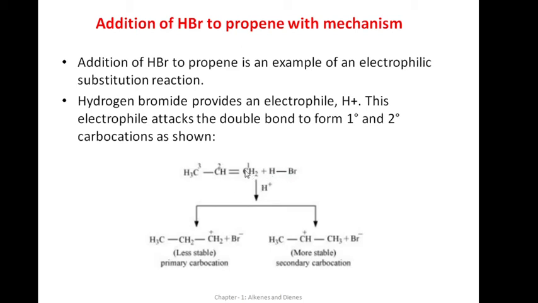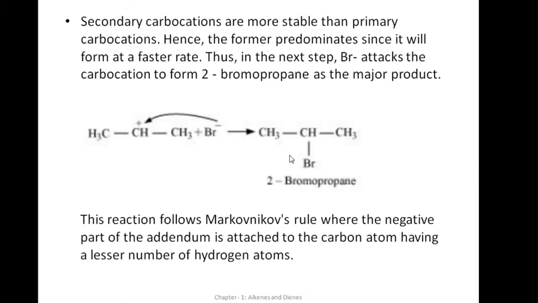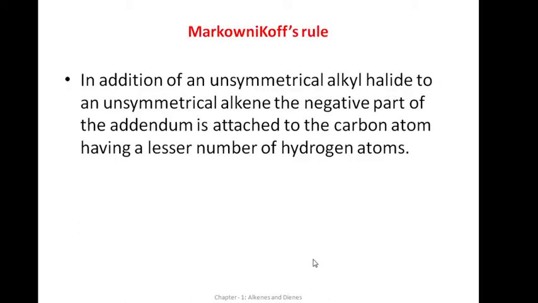When you compare carbon 1 and carbon 2, carbon 1 has 2 hydrogen atoms, carbon 2 has only 1 hydrogen atom. So the negative part should go to carbon number 2, which means Br is going to attack carbon number 2 and H is going to attack carbon number 1. So we can see here, that is what has happened here. We have got H here and we have got Br here. So the major product will be 2-bromopropane. Okay, that is Markovnikov's rule.